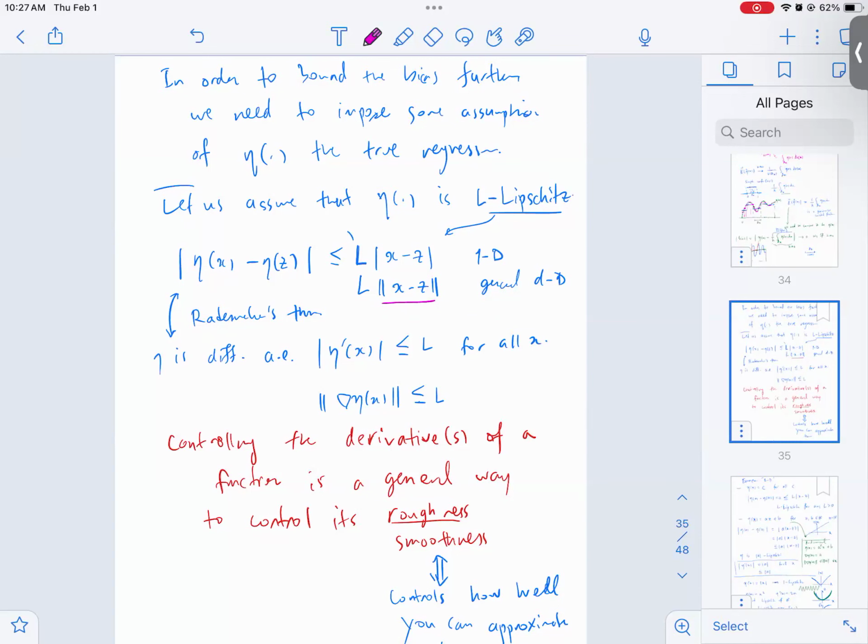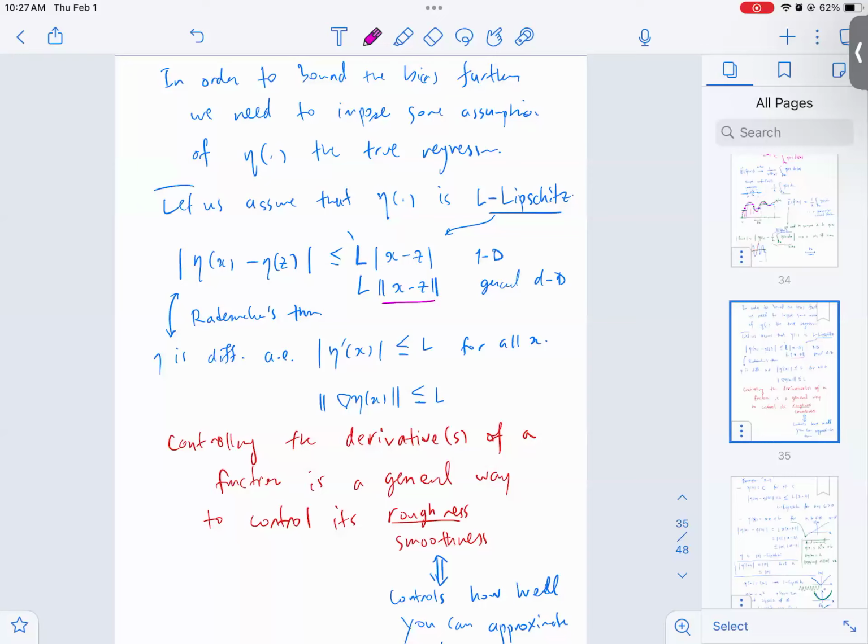This is the usual L2 norm. I can change it to a different norm, for example the infinity norm. The function could be Lipschitz with respect to the L infinity norm. The L infinity norm is the maximum absolute value of the deviations, while L2 is the sum of the squares.